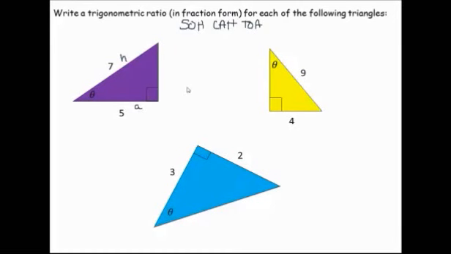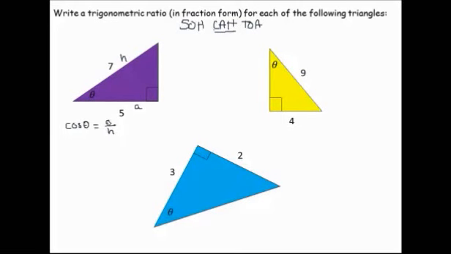Now, looking at your trig ratios, you want to see which one has the adjacent and the hypotenuse in it. Cosine has adjacent and hypotenuse, so cosine is the ratio we're going to use. We know the cos of any angle theta is equal to the adjacent over the hypotenuse.